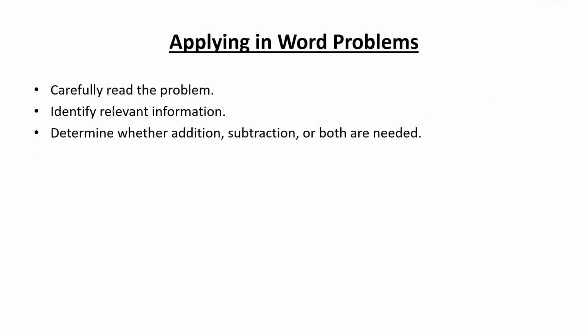Now, how to apply these operations in word problems? First thing is, you have to read the problem carefully. You can take your time in reading the problem. That is the most important thing. If you get confused between addition and subtraction, everything will be gone. So read and try to understand the problem first.